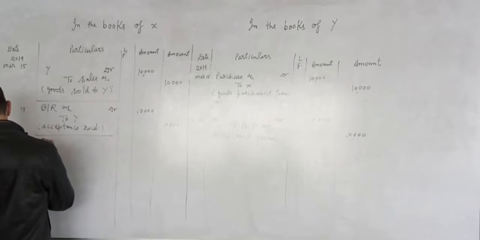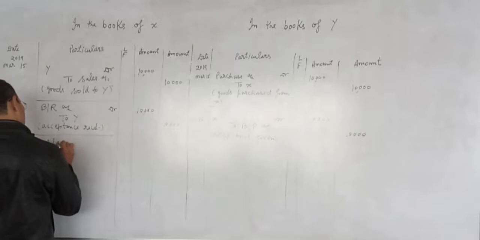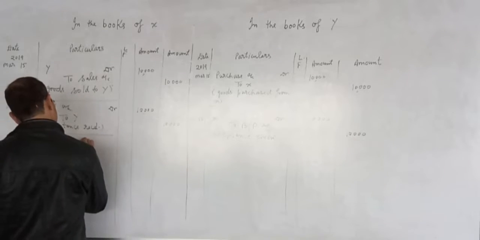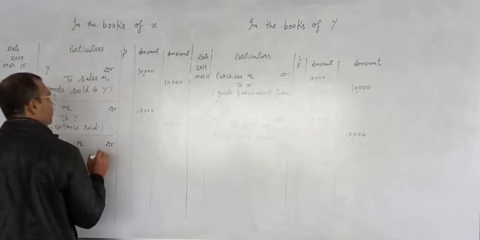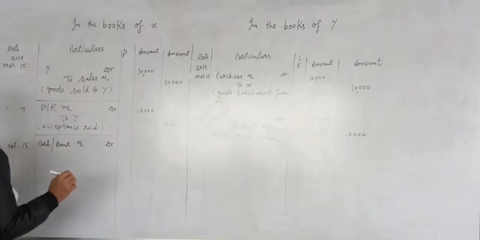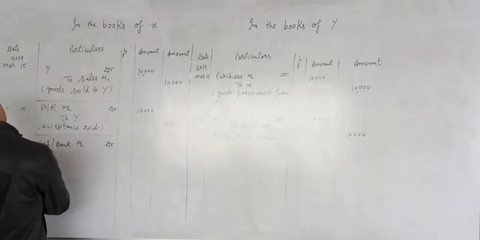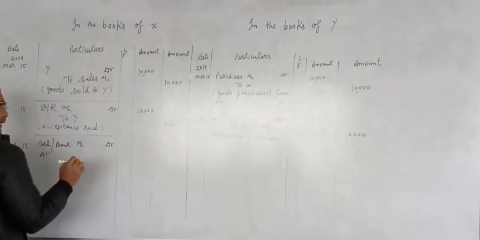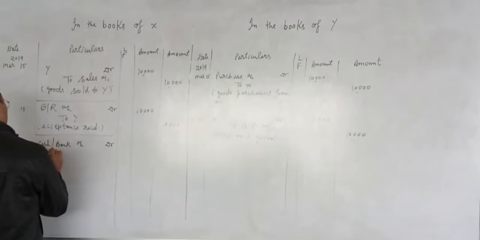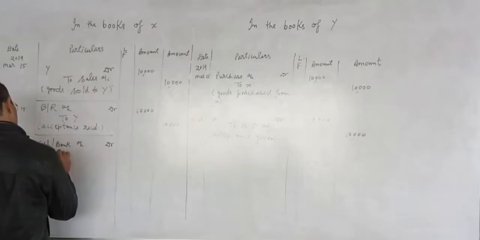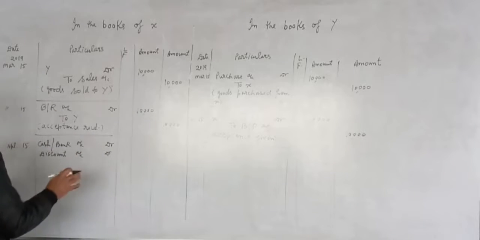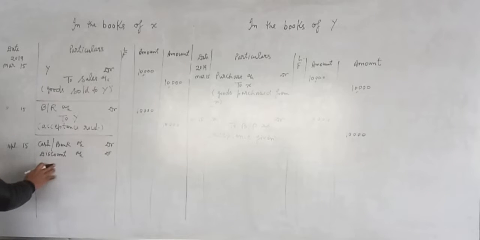The entry, the cash or bank account debit, whatever you want, you can write cash or bank account debit. This is a new entry. This is the entry of bill discounted, discounting of the bill. Cash account debit, discounting charges account debit, or you can write in short only discount. Discount account debit, we can write in this way, or we can write discounting charges, the same way.